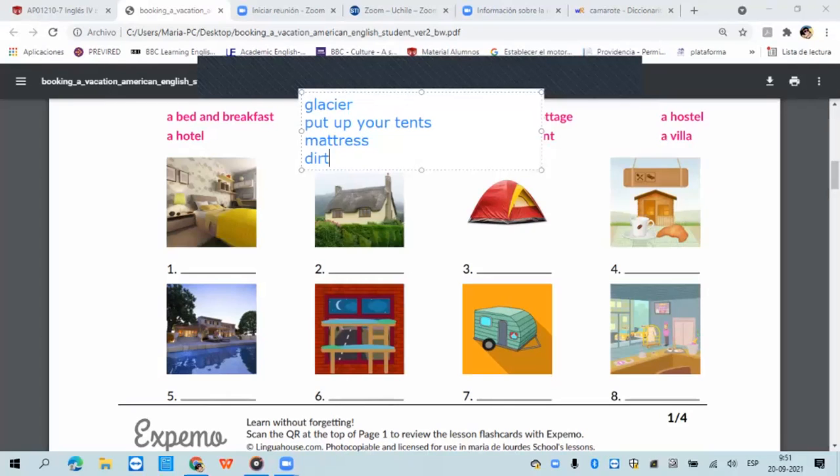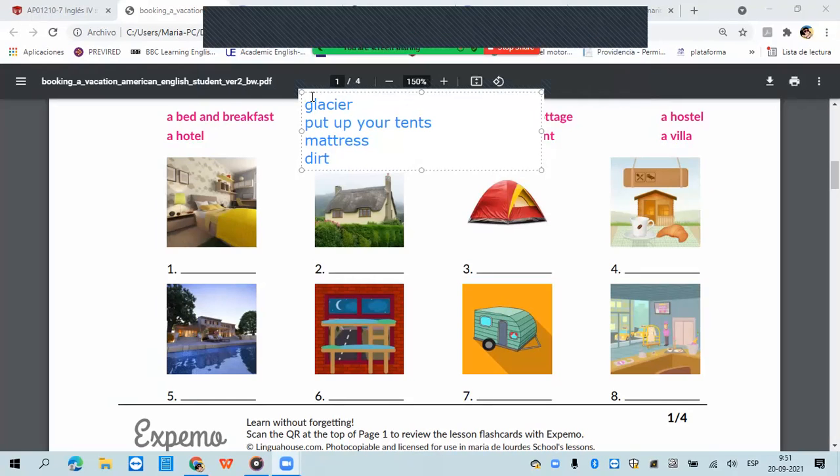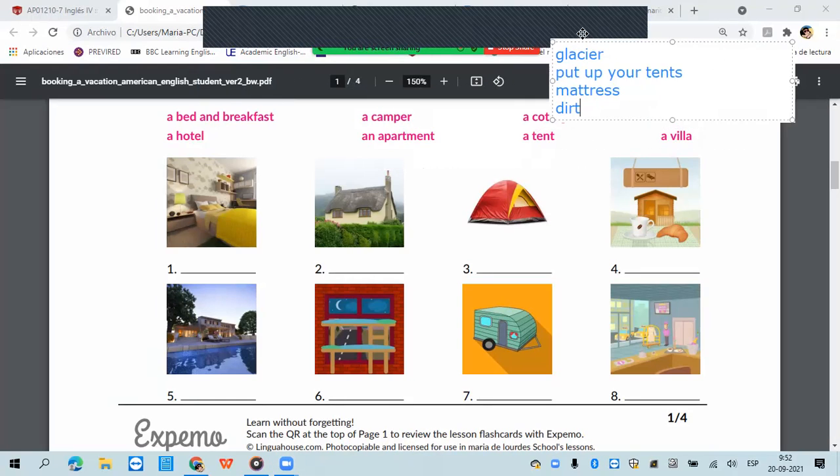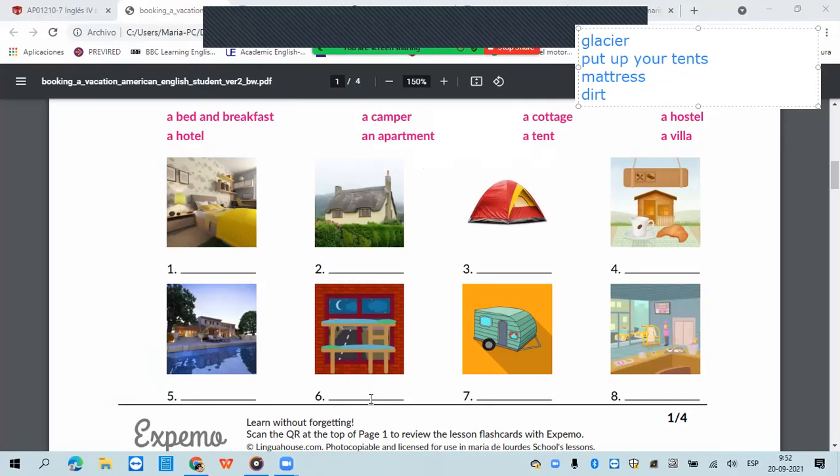Bautista, right? Any other experience with any other type of accommodation? No? What about a cottage?